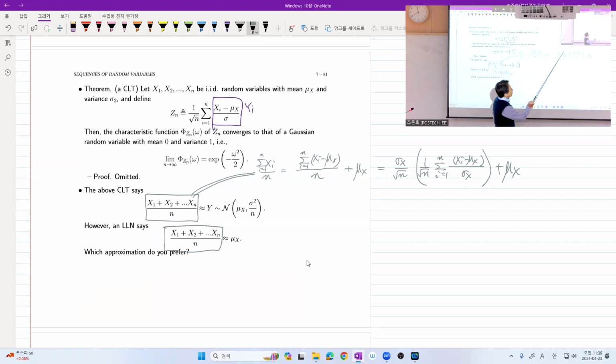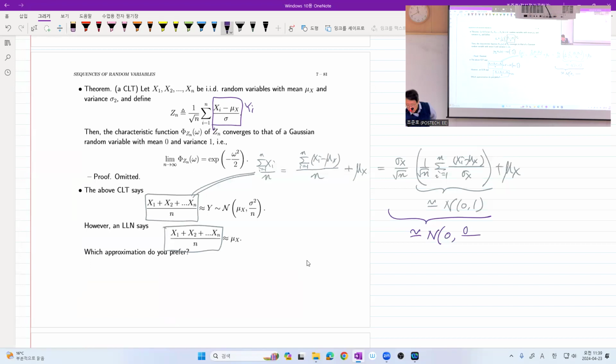The central limit theorem says that for sufficiently large n, this is very close to the standard Gaussian. Now, what if you scale the standard Gaussian by multiplying by sigma x divided by square root n? This is very close to normal with zero mean and variance sigma x squared divided by n. Now you add mu sub x. What happens?